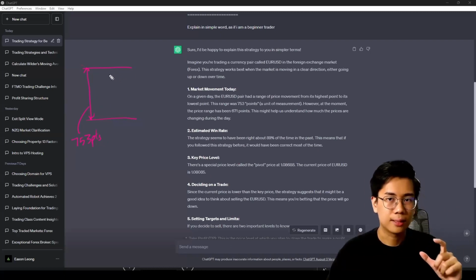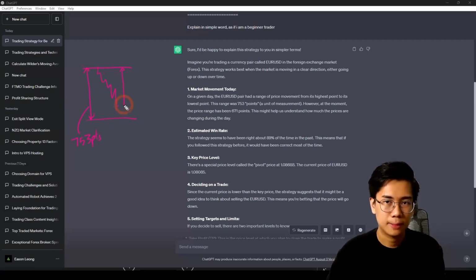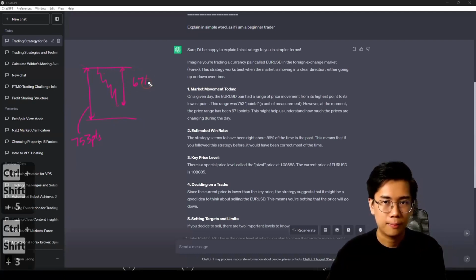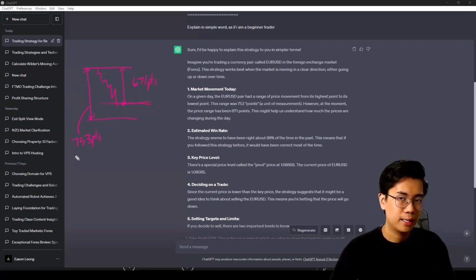Right now, the market has been moving, maybe coming down. Okay, it has been down by how much? It has been down by 671 points. And the strategy is that since I predicted it to go for 705, and this is what happened right now, it's expected to have a chance to continue to come down.